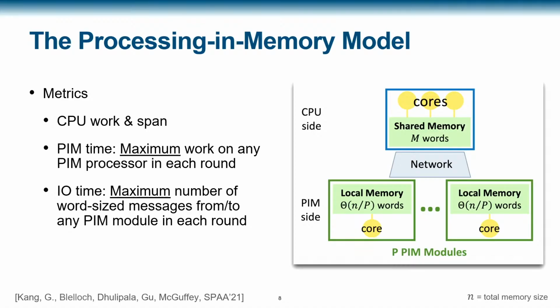The two things that could constrain them are how much data they had to receive or output, and how much work they had to do. So we called the PIM time the maximum work on any PIM processor in each round, and I/O time the maximum number of word size messages to or from any PIM module in each round.